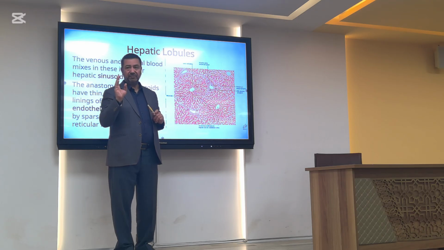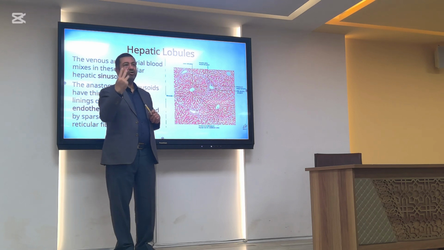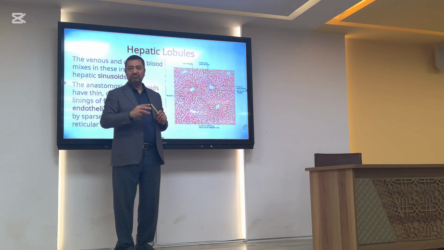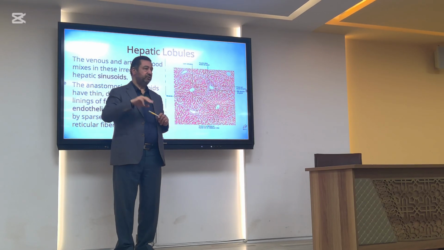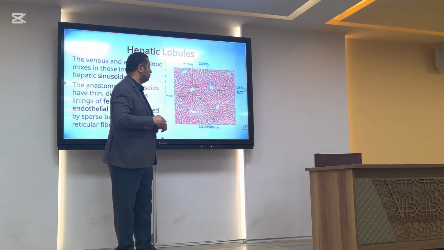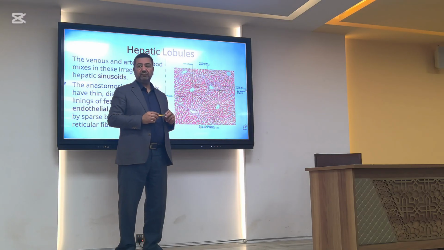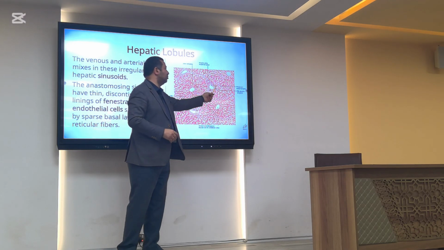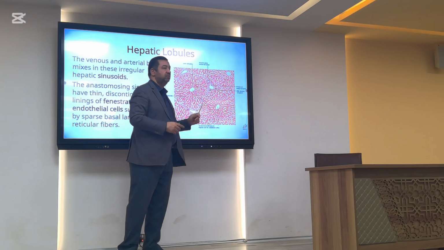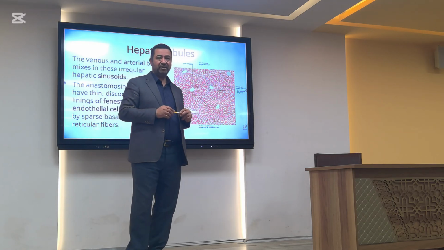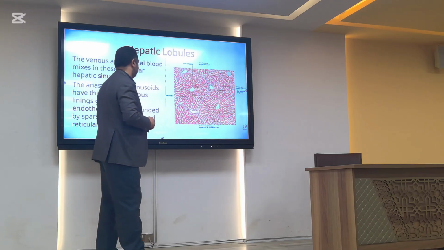Is it clear? These 3 structures are called the portal triad. Triad means 3. Portal triad, here. Another name of portal area is Kiernan space. Kiernan space.